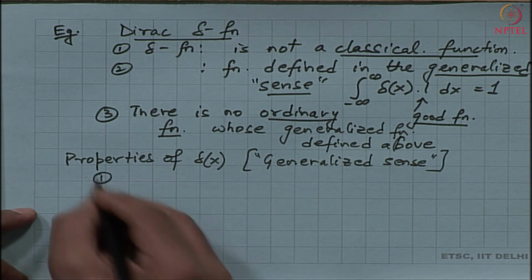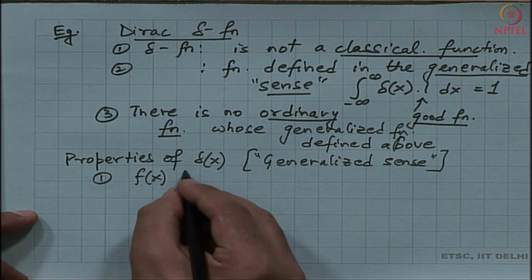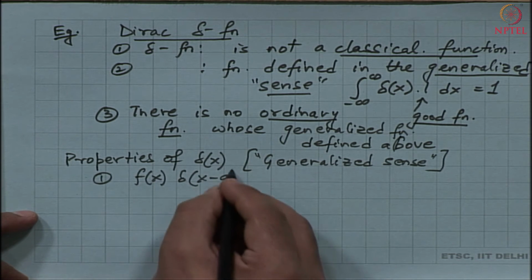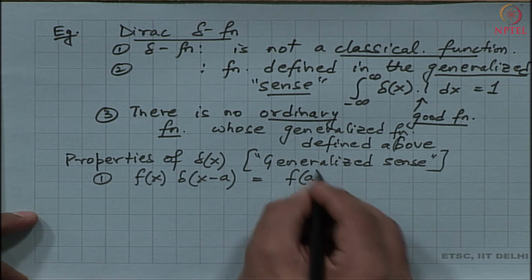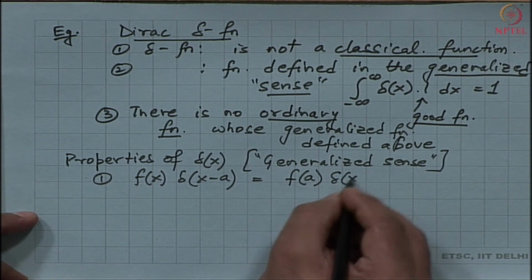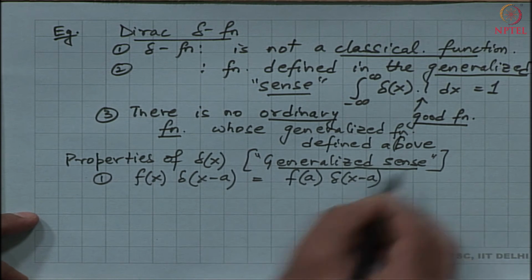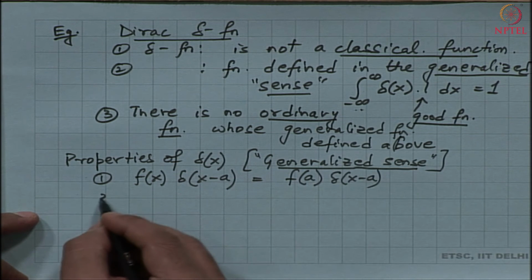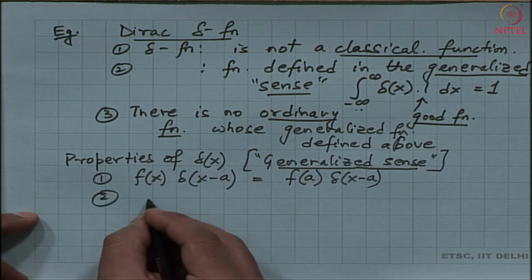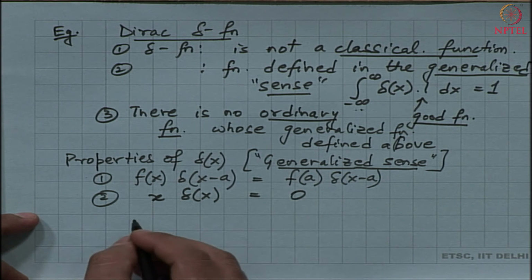Okay. So, one of the properties says that suppose you have a function, let us say a good function, f of x times delta of x minus a, that can also be given to be equal to f of a times delta of x minus a. Again, to see this equality, I have to look at it in the generalized sense, that is in that integral that I have defined here. Then another property for the delta function is x times delta of x is 0.